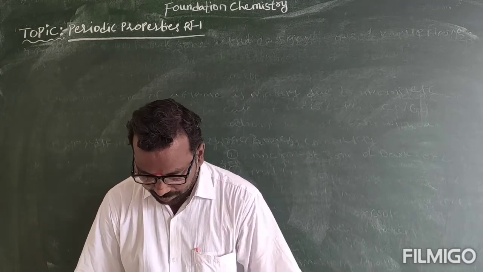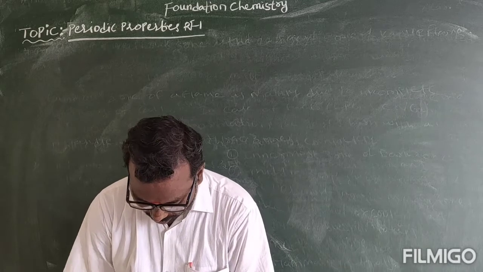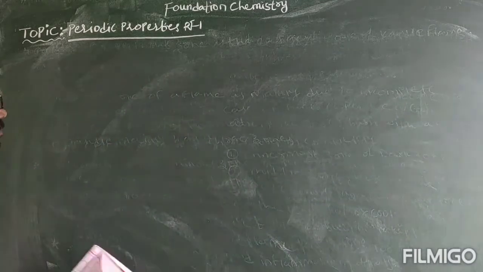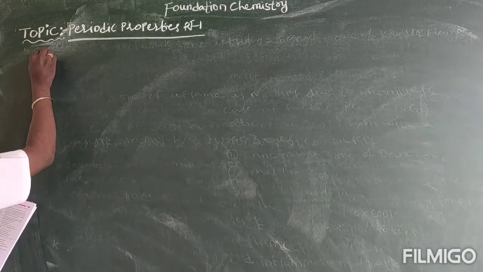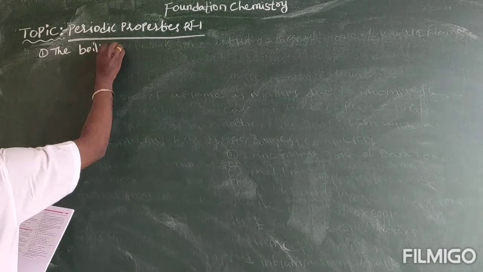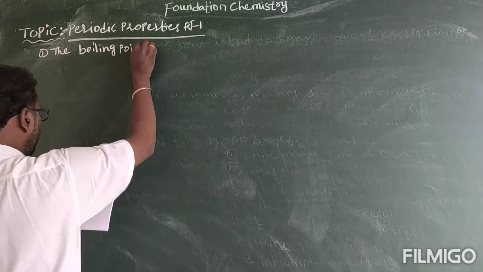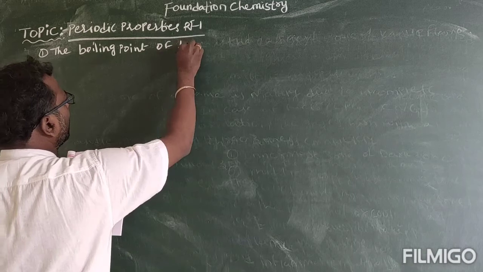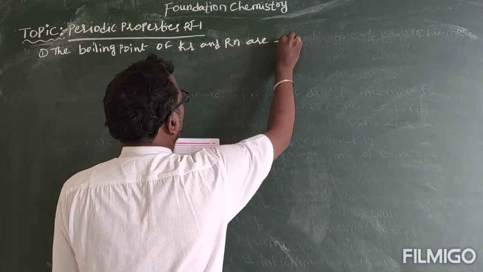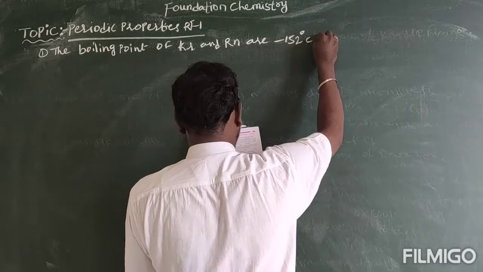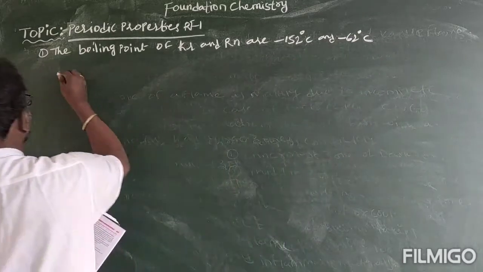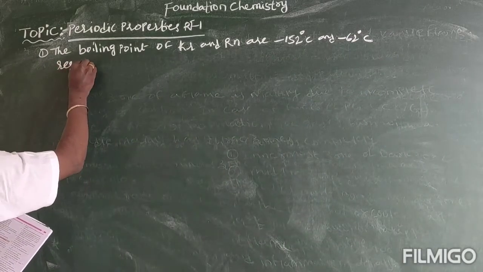From our periodic properties, which is written like this. The boiling points of krypton and radon are minus 152 degrees Celsius and minus 62 degrees Celsius respectively.